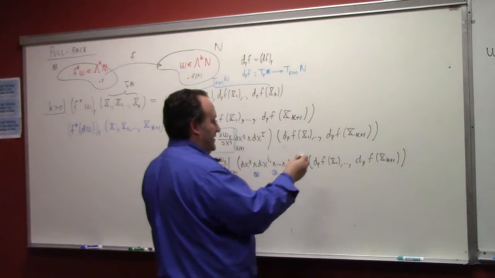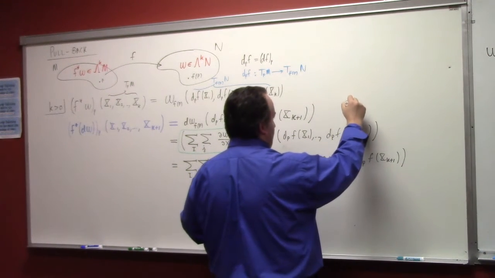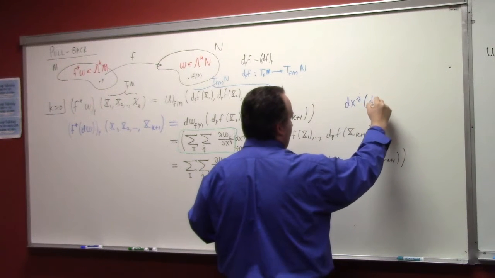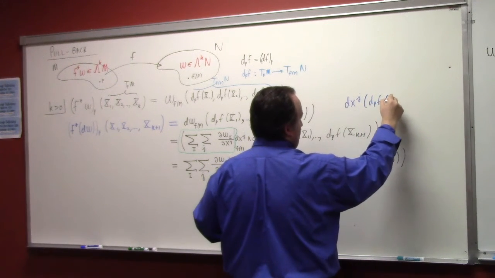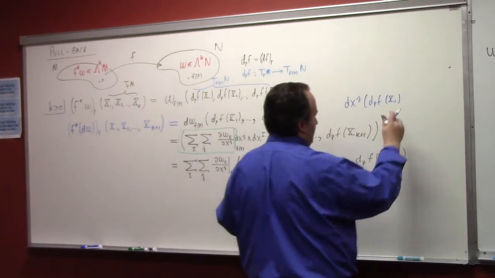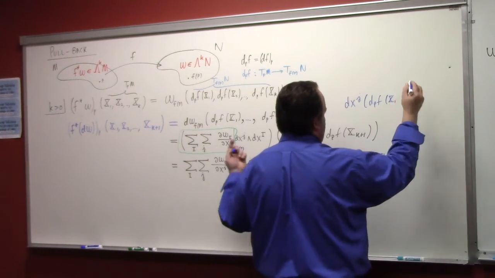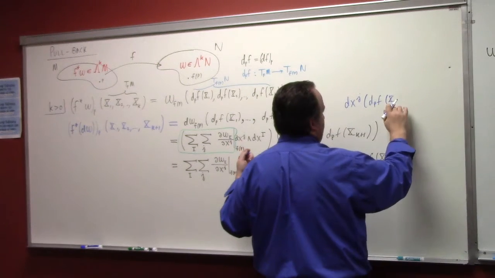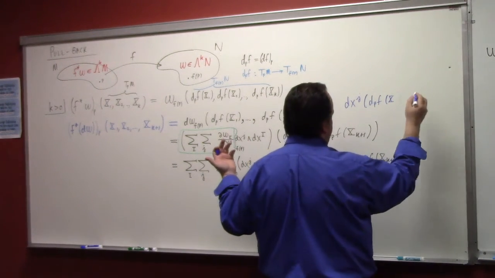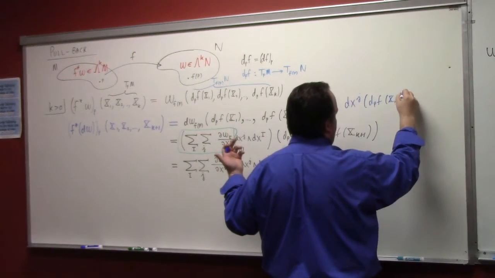So then what are you getting? You're getting things of the form dx j of d at p of f of x1, and of course it's not x1 after you do the anti-symmetrization; you're up against dx whatever, alpha.